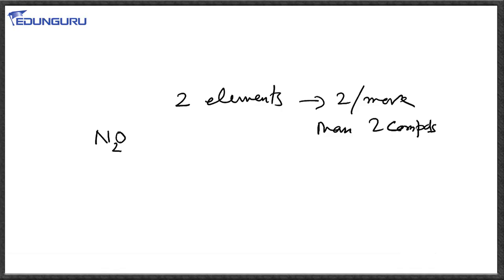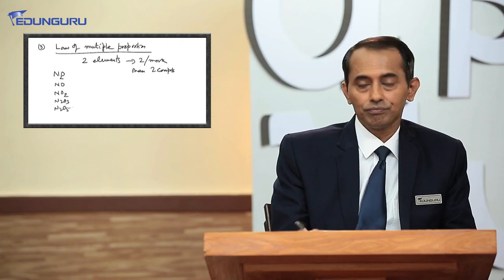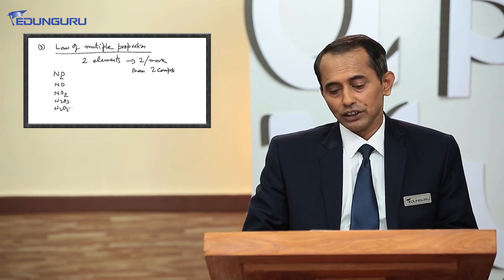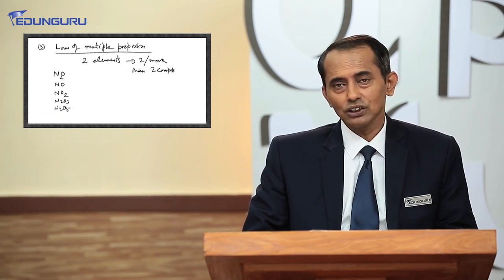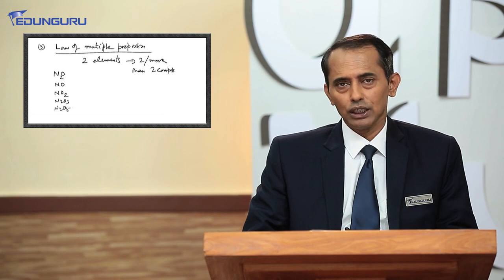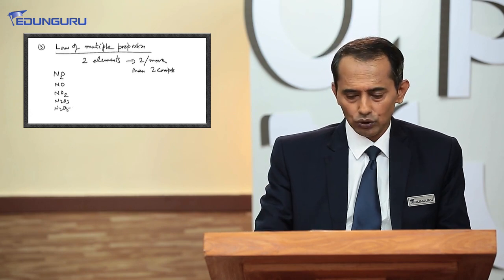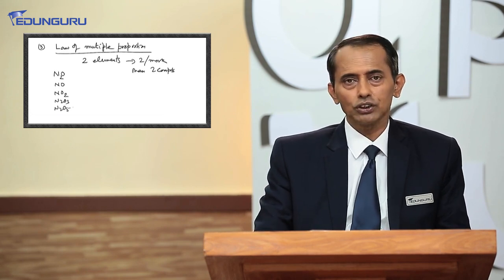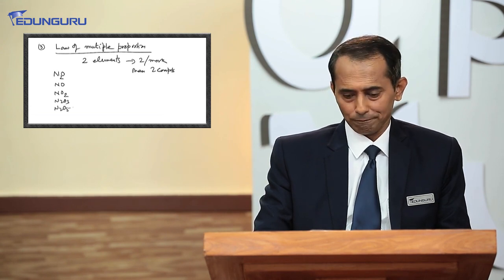Look over here, N and O can make 5 types of oxides: N2O, NO, NO2, N2O3, N2O5. The first is nitrous oxide, N2O, a laughing gas; NO is nitric oxide; NO2 is nitrogen dioxide; N2O3 is dinitrogen trioxide; and N2O5 is dinitrogen pentoxide.